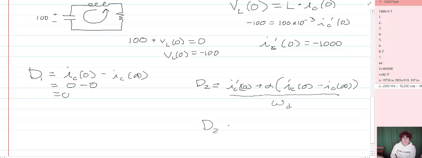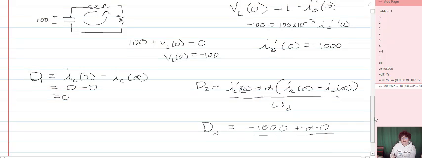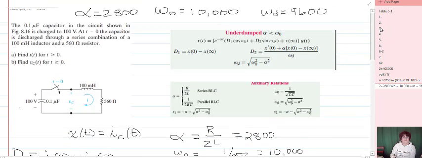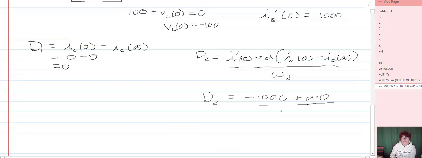So D2 equals minus 1000 plus alpha times 0 over 9600, or D2 is minus 0.104.